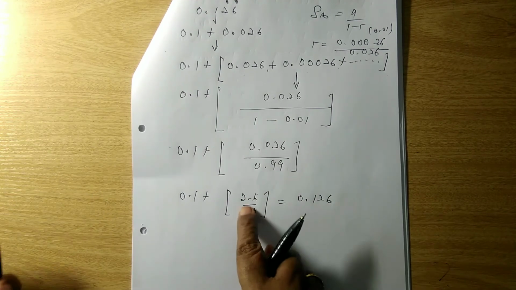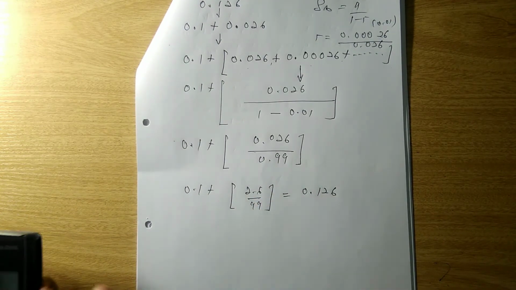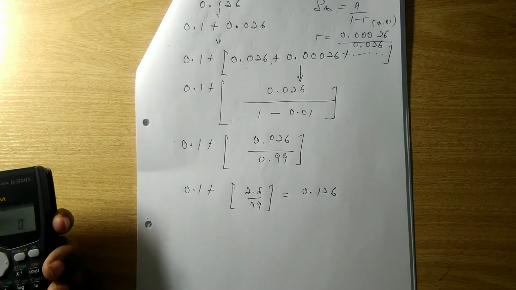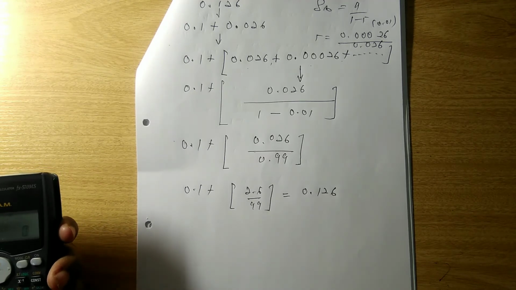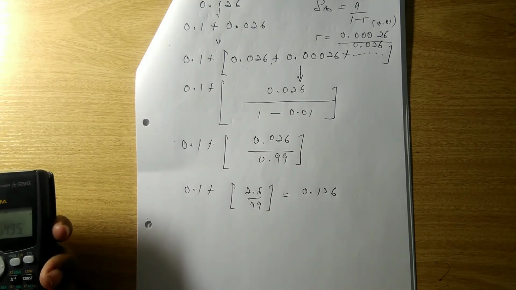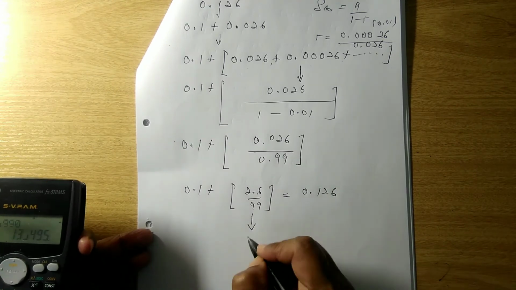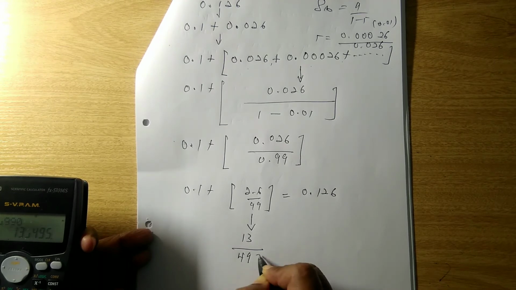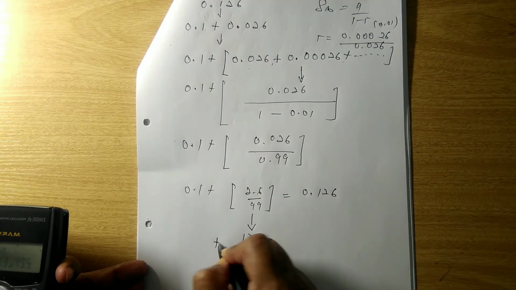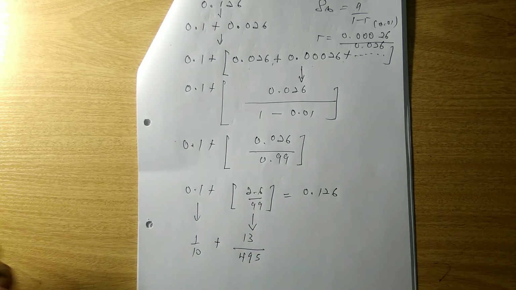Or what you can do is you change this to fraction, sorry. So what you actually get is 26 over 990. So we get 13 over 495. Okay, plus this one here, this is 1 over 10.